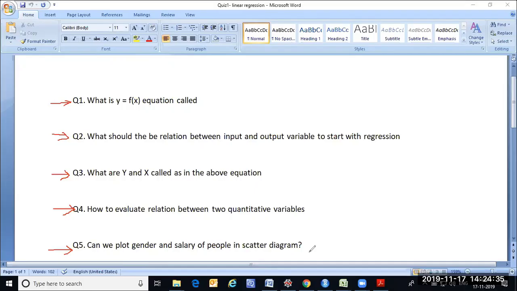No, right? The reason: the variable gender is not continuous. A scatter plot can be drawn between two quantitative or continuous variables. Gender is categorical data, male, female, right?